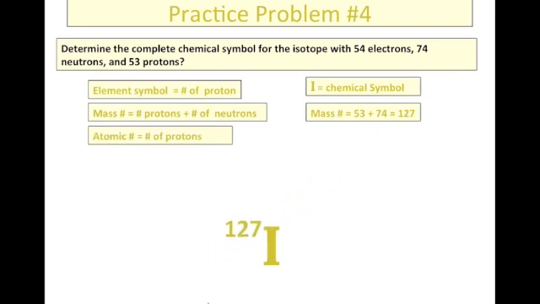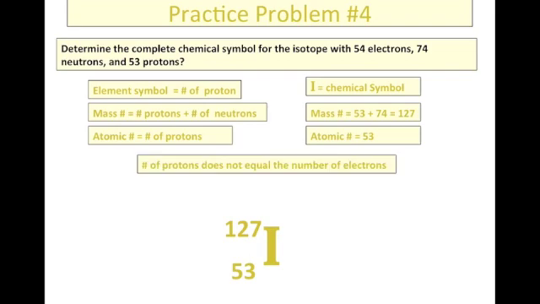The atomic number will be equal to the number of protons. This isotope has 53 protons, so the atomic number is going to be 53. Also, you should notice that the number of protons and the number of electrons are not equal. Therefore, this isotope will have a charge.